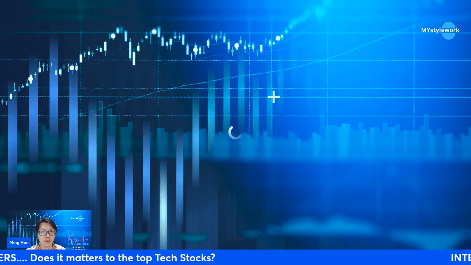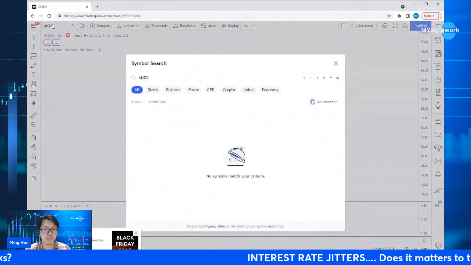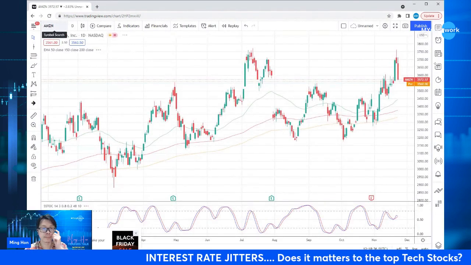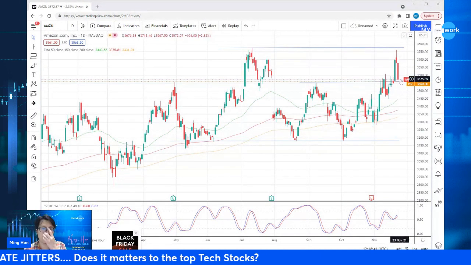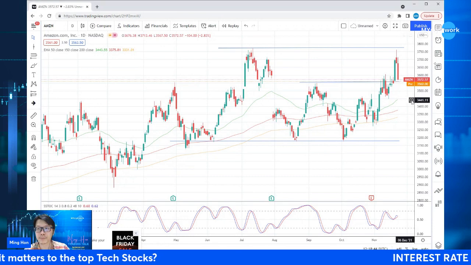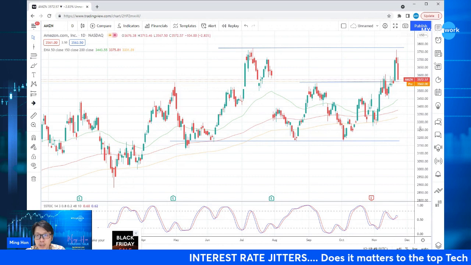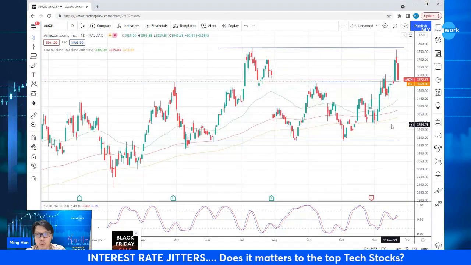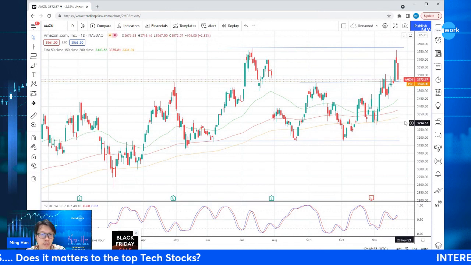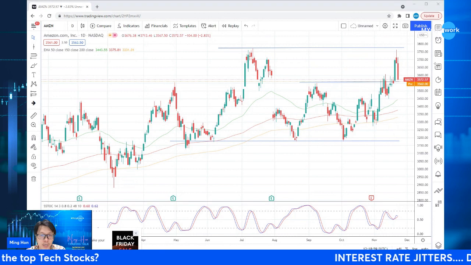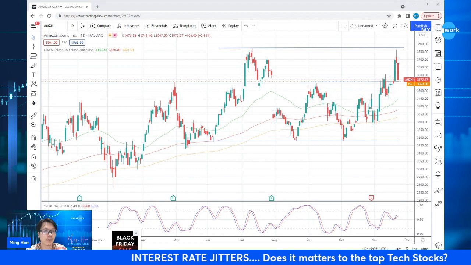Amazon, AMZN. Okay, Amazon was down about 104 points yesterday. So we are looking at this 3300 level. If not mistaken, it's more than one standard deviation. Let me check.